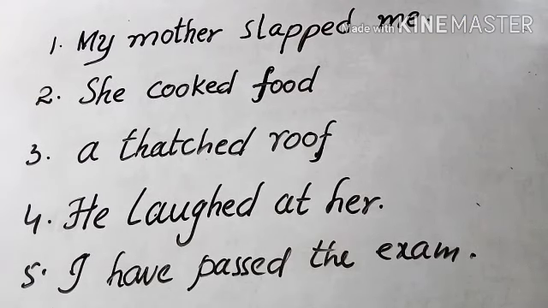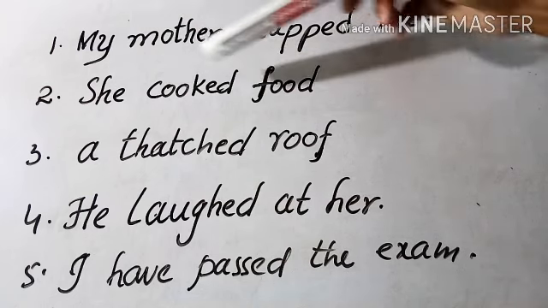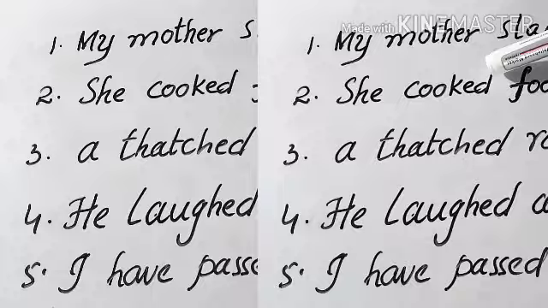Now we shall see some examples for this to have a better understanding. Here, if you notice all these sounds, my mother slapped me, not slapped me. She cooked food, not cooked.